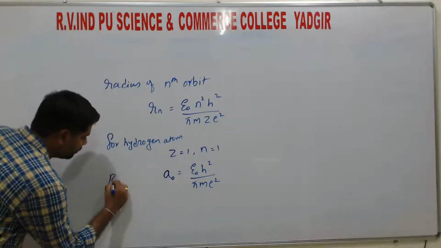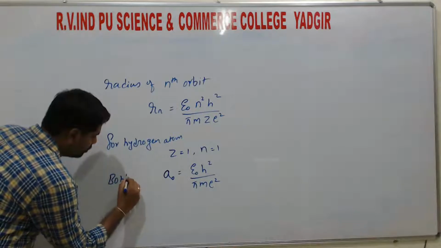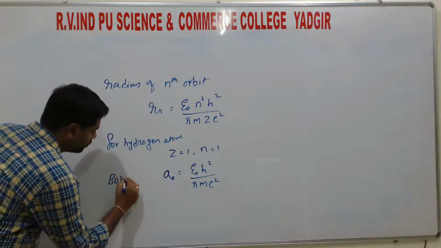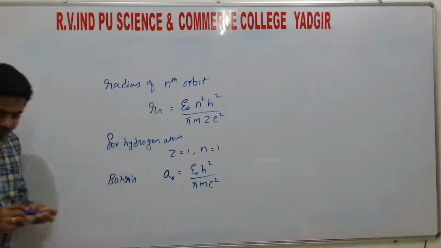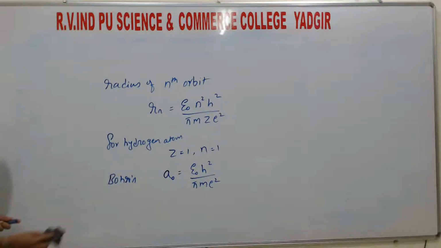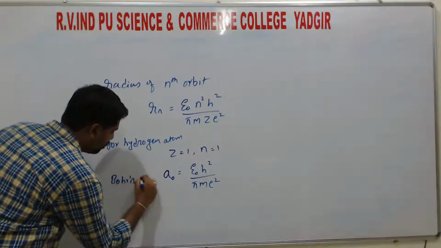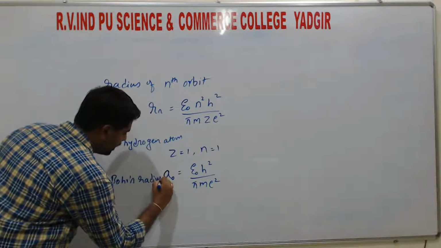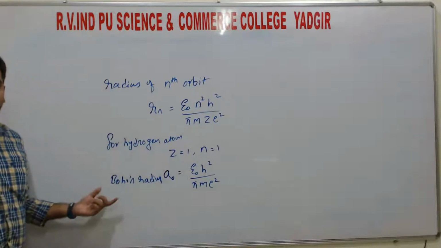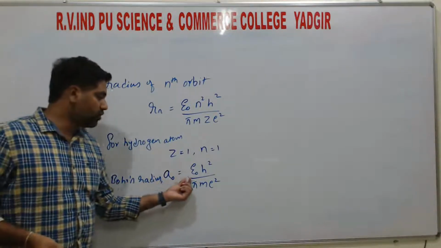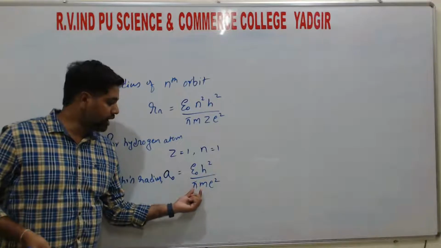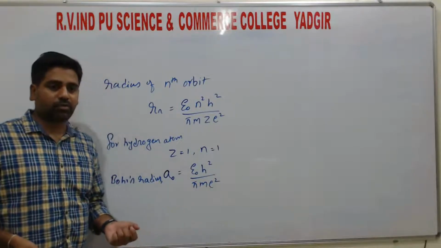So this one is the Bohr's radius, right? The Bohr's radius a naught is equal to epsilon naught h square divided by pi m e square.